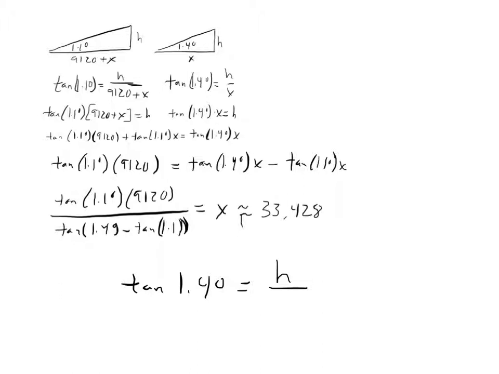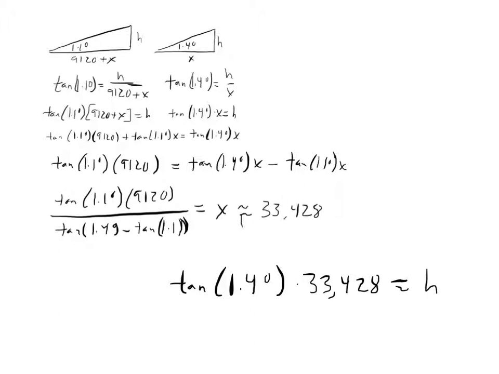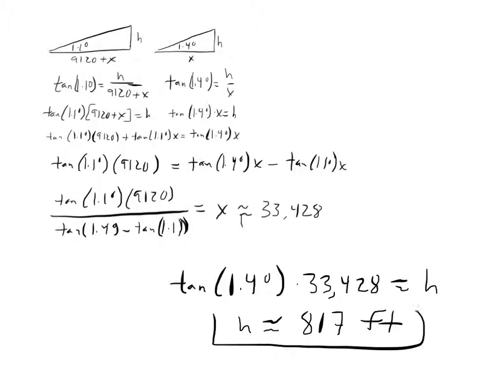So I've got tangent of 1.4 degrees times X, which is 33,428. That's about equal to H, and grabbing the calculator, H is about equal to 817 feet.